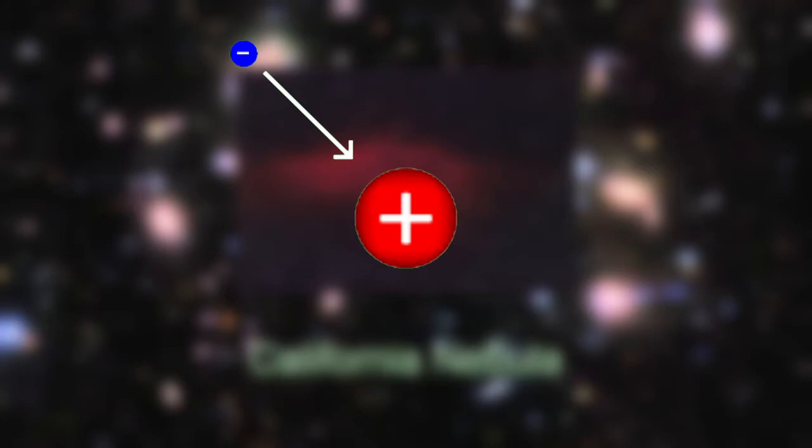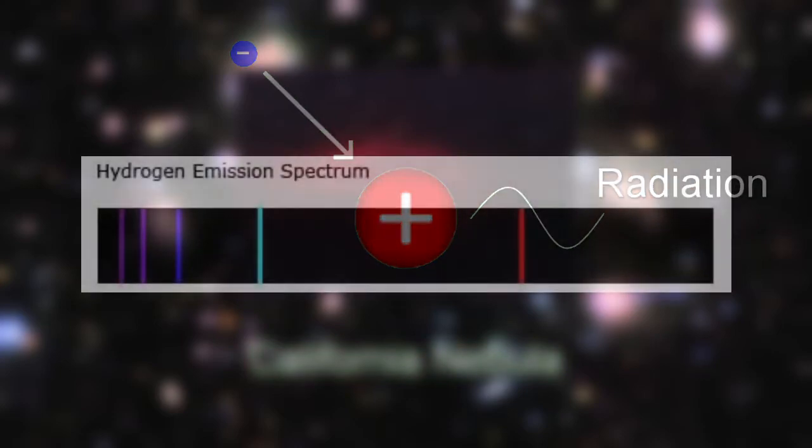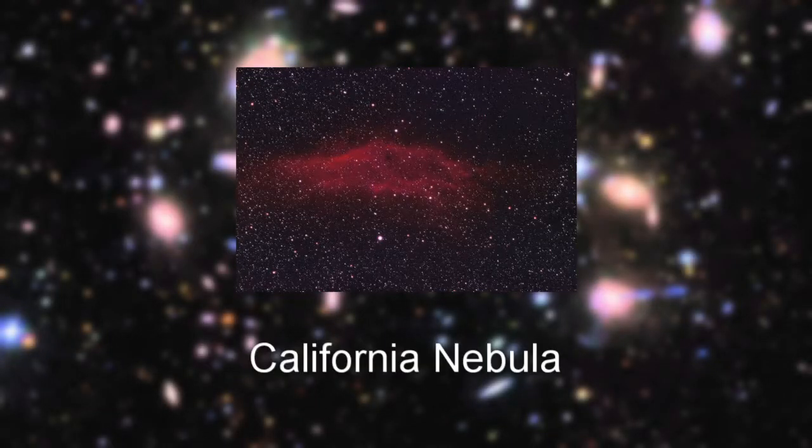In some cases it's not just hydrogen atoms, but other atoms as well, collecting lost electrons just to become stable. In doing that, they release radiation, but the radiation they emit usually gives off light in the red region. That's why the California Nebula looks quite reddish here.